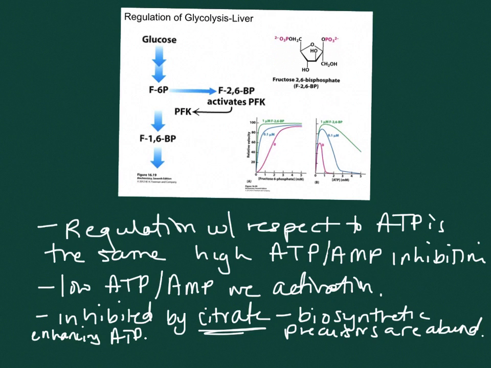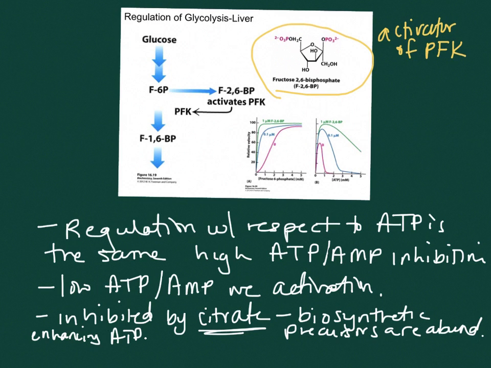One means by which glycolysis in the liver responds to changes in blood glucose is through the signal fructose 2,6-bisphosphate. Fructose 2,6-bisphosphate is an activator of PFK. In the liver, the concentration of fructose 6-phosphate rises when blood glucose concentration is high, and the abundance of fructose 6-phosphate accelerates the synthesis of fructose 2,6-bisphosphate.